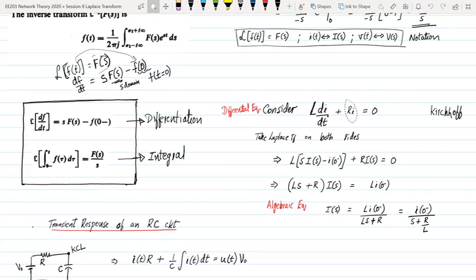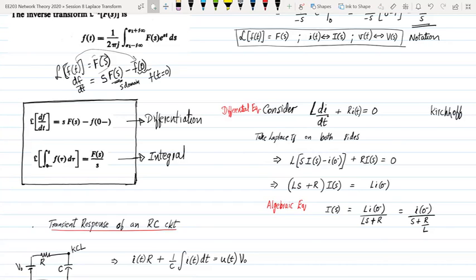R is a number. So what is the Laplace transform of R times I? It's just R times I of s. The original I was I of t. Remember, I don't write the t's, but originally it was a function I of t, and now the Laplace transform is I of s. So I of t has become I of s.